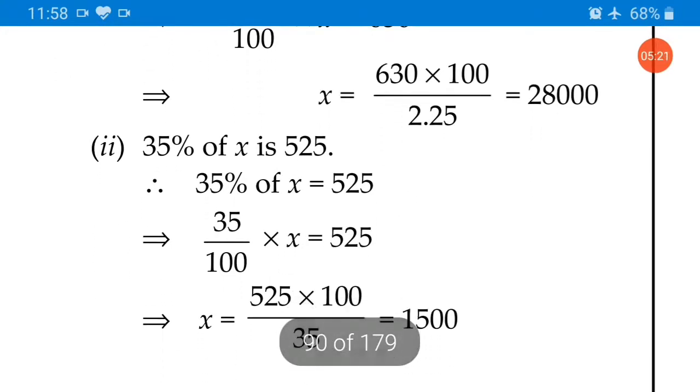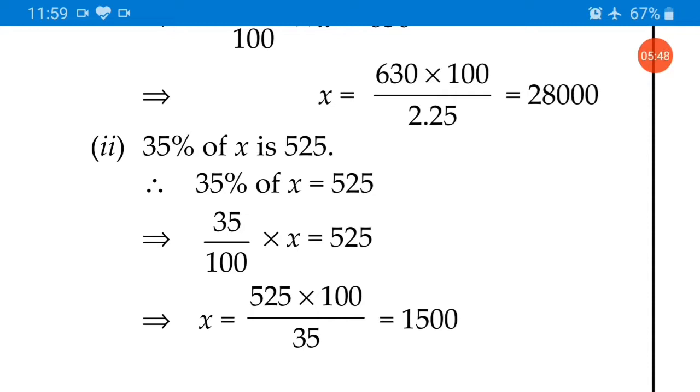Second is 35% of x is 525. So 35 upon 100 multiplied by x is equal to 525. So x is equal to 525 multiplied by 100 divided by 35.